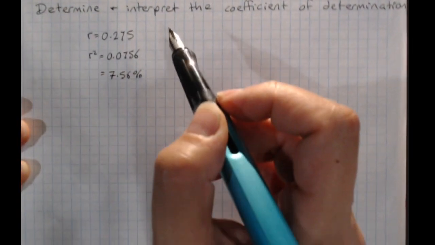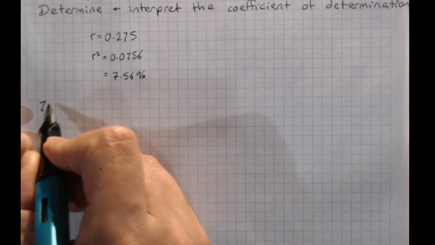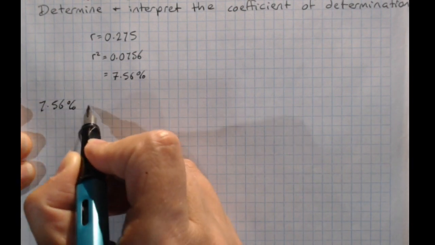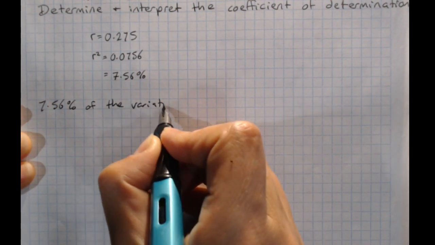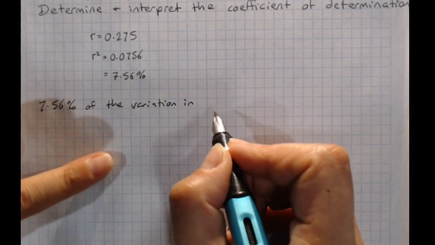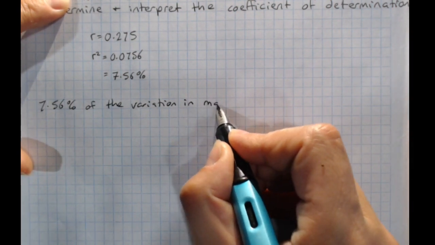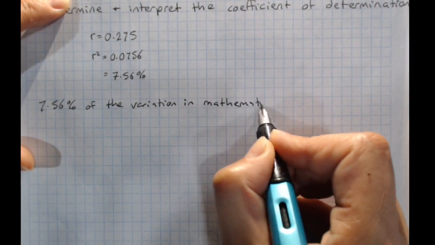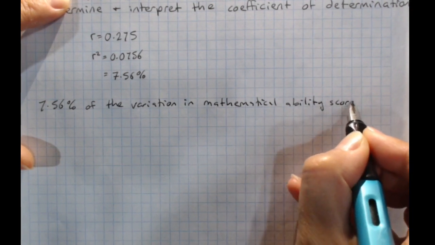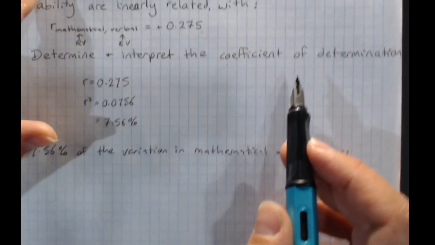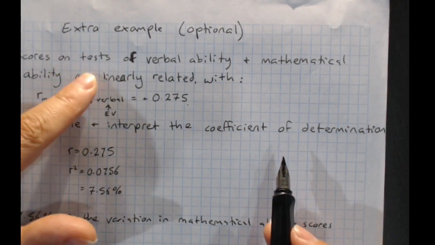So we write our sentence. 7.56% of the variation in our response variable, which is our mathematical ability scores, we get that from our question, scores on tests of verbal ability and mathematical ability.